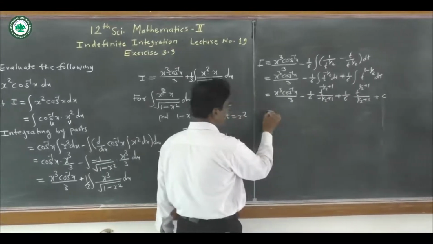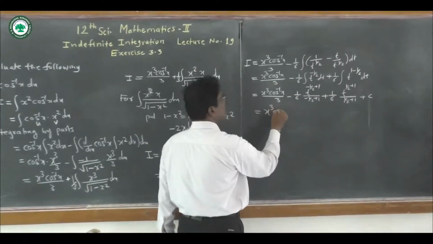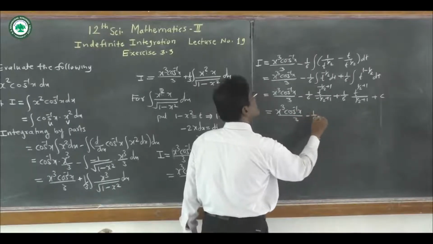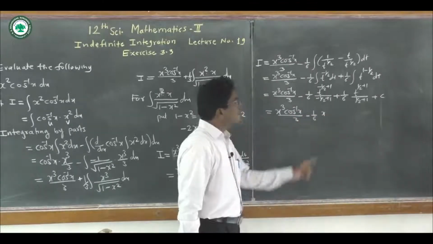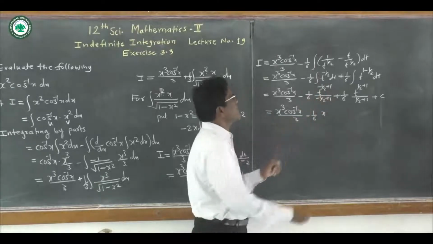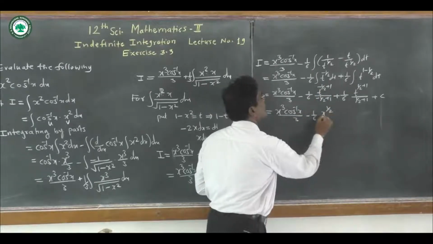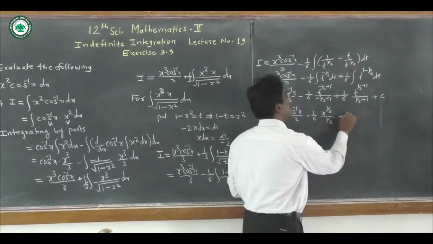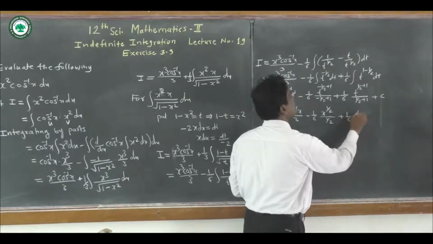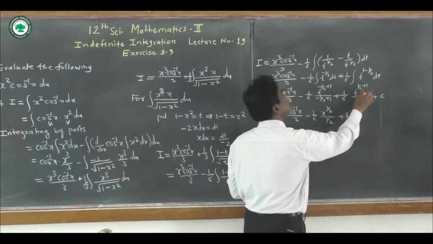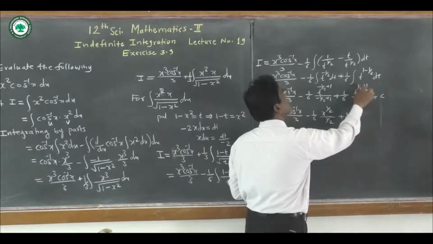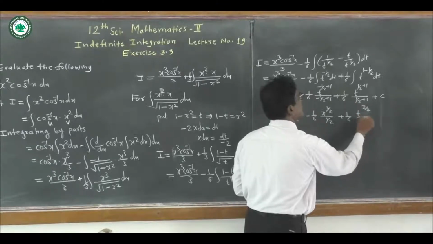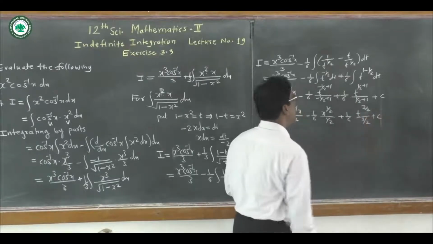So we write here x cube cos inverse x divided by 3 minus this 1 upon 6 t to the power 1 minus 1 half, that is equal to 1 half, and divided by here also 1 half, plus here 1 by 6 as it is, and t to the power 1 half plus 1, that is 3 by 2, divided by same number 3 by 2 plus constant of integration.